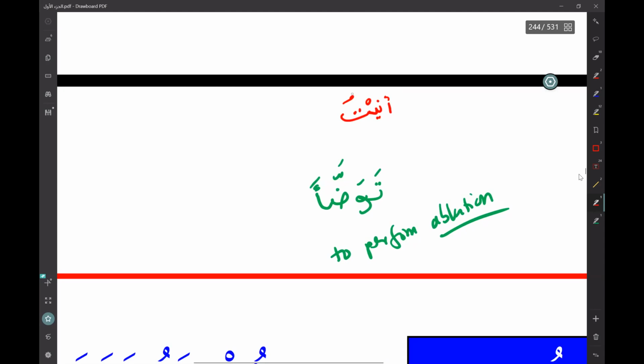But the point is you have these four letters: Hamza, Noon, Ya, and Ta. When you have these letters in the beginning of a verb, what did we say? These are the huruf, the letters, of the present tense verb, right? That's what we said.